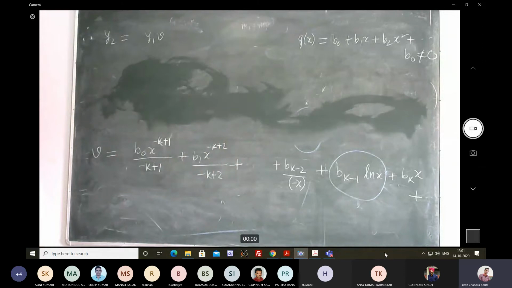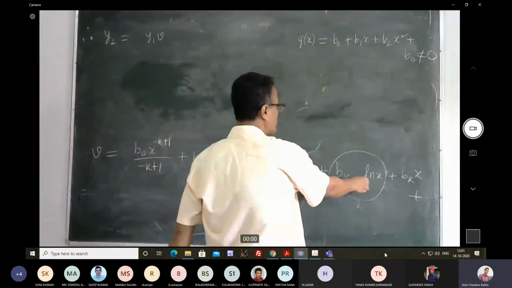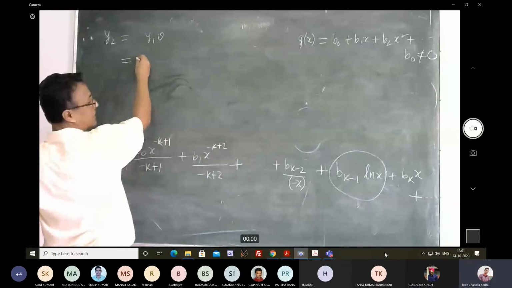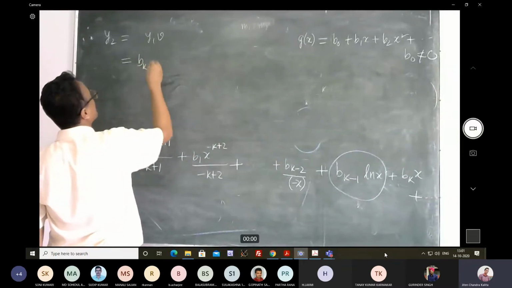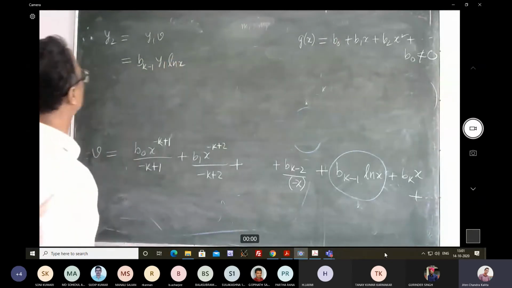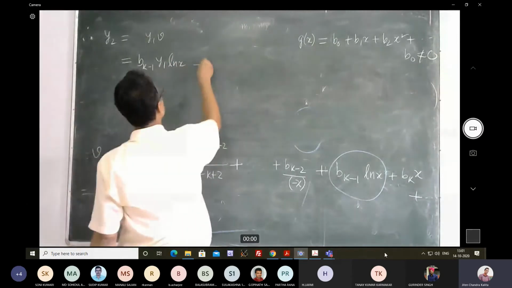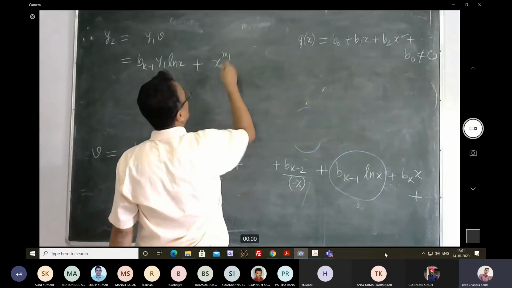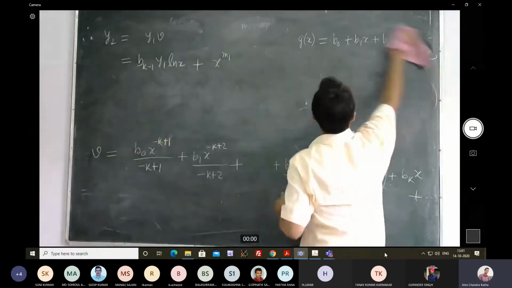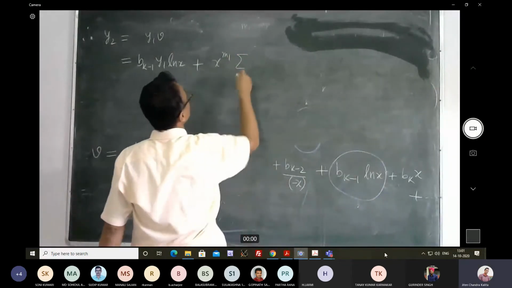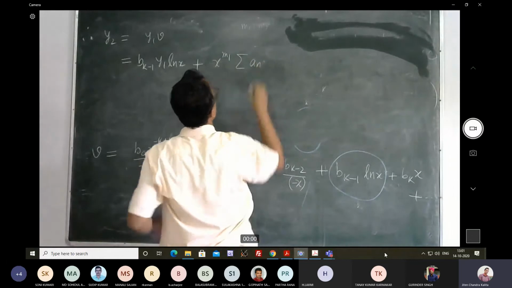It looks labyrinthine. Firstly, let me write down this term. So this is equal to your b k minus 1 y1 ln x. Okay, so then let me write down the remaining term, like y1 is c x to the power m1, and then your summation.